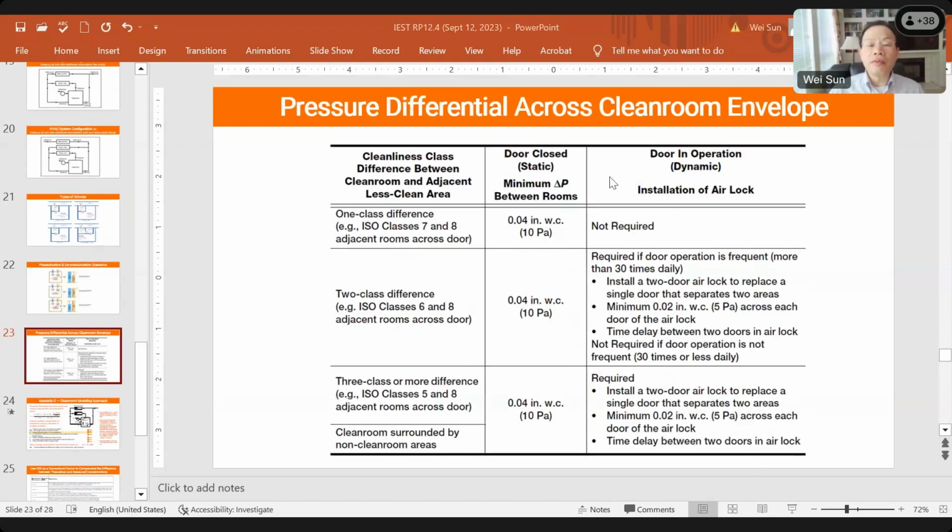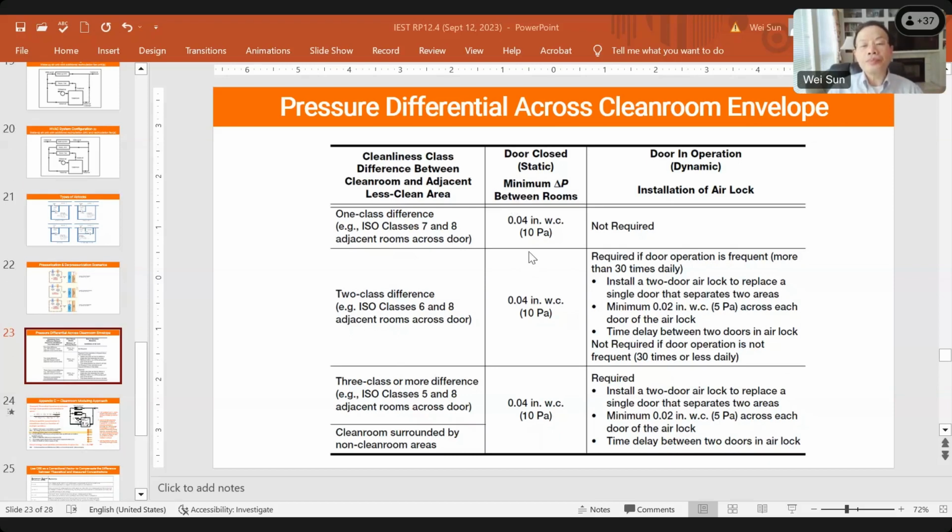Now, it's very important that IEST actually puts a separate category. Airlock is for dynamic containment. Delta P is for door closed containment strategy.